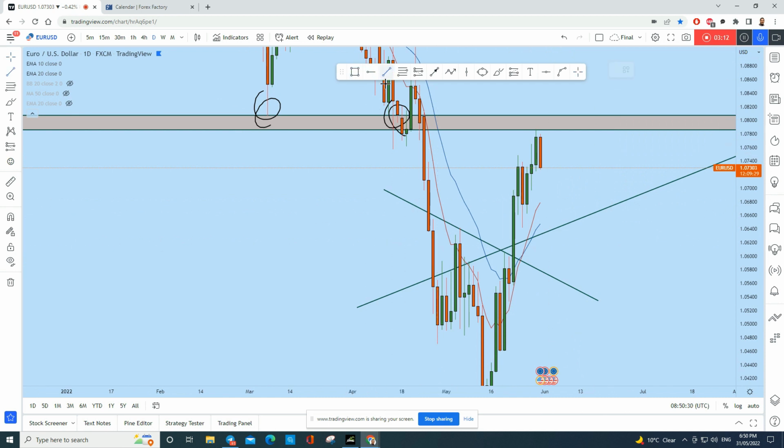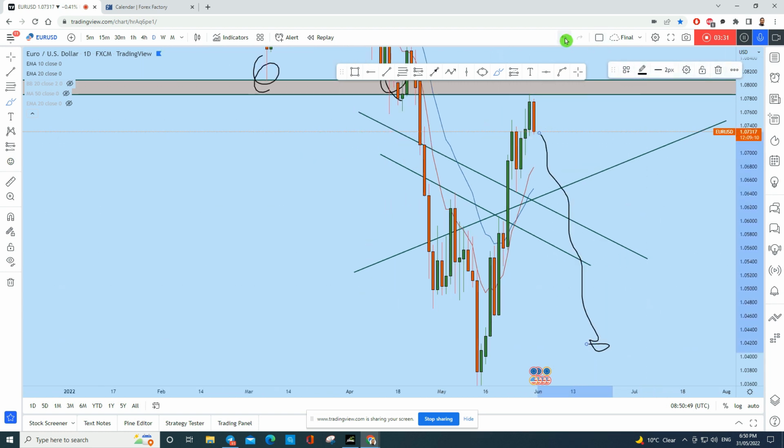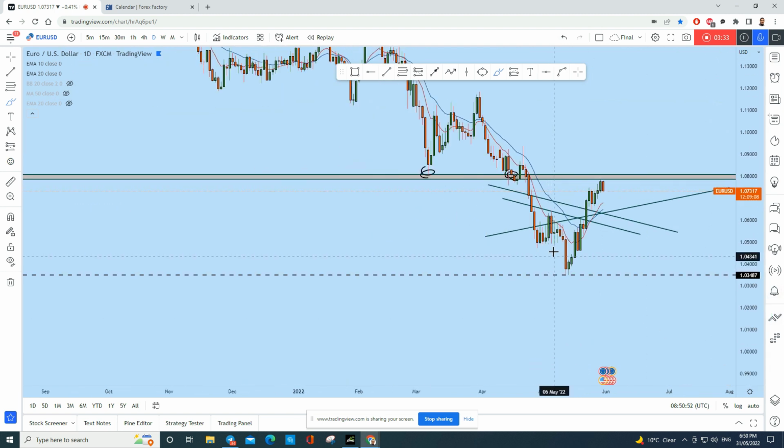This zone has not been tested properly, and I strongly believe that in this monthly candle close, Euro Dollar is likely to drop to this level to test this imbalance before creating any move to the upside. It might even continue its downtrend.